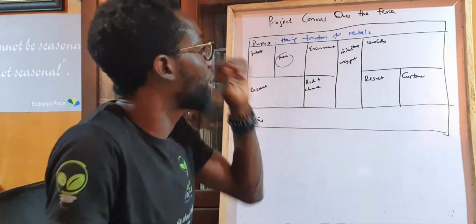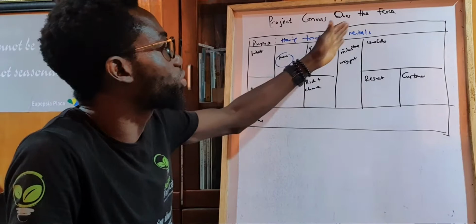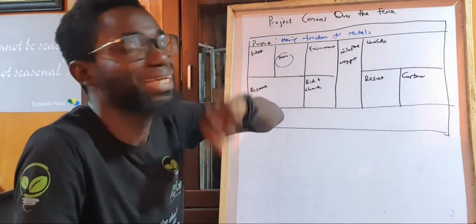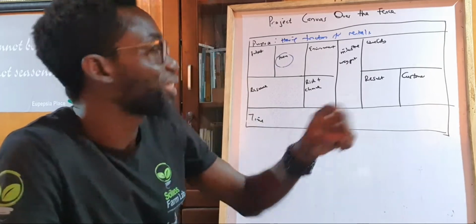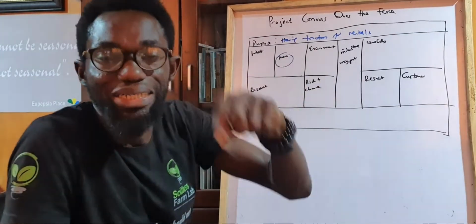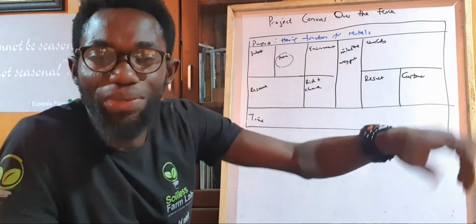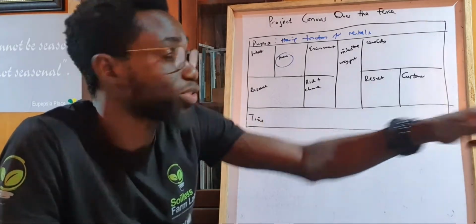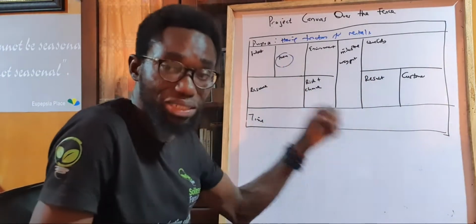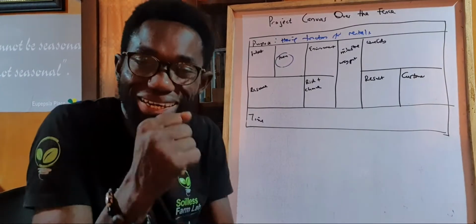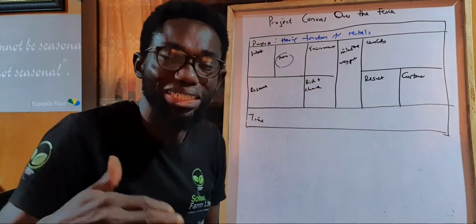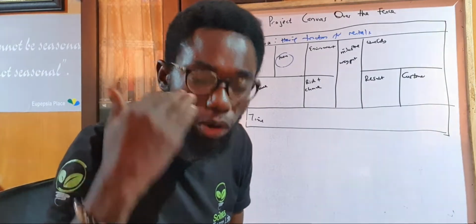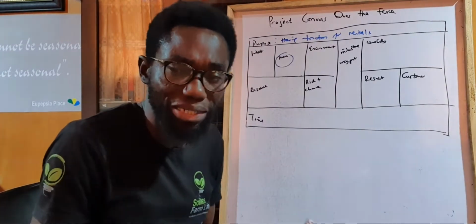I'll give you an example. In trying to get this whole tractor thing running, I need a tractor driver, that is a core team member. But I need somebody to man the reception, a receptionist. The receptionist may not be a part of the core team because they are not the one handling the real process, but they are needed to interface with the proposed customer or client. I don't know if I'm making any sense.